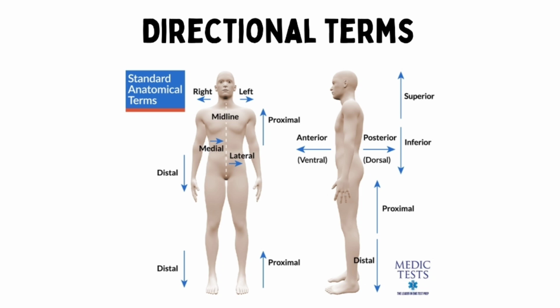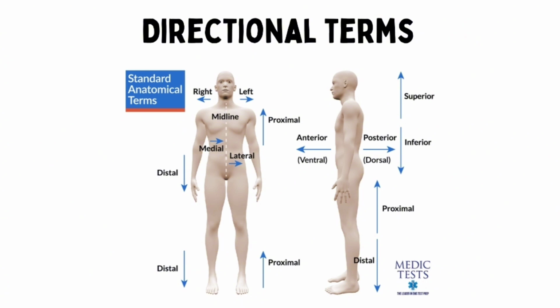Some of the most common are cephalic, which is close to the head, caudal, which is far from the head, anterior, which is in front of the body, posterior, which is at the back of the body, medial, which is close to the midline, and lateral if it's far from the midline.